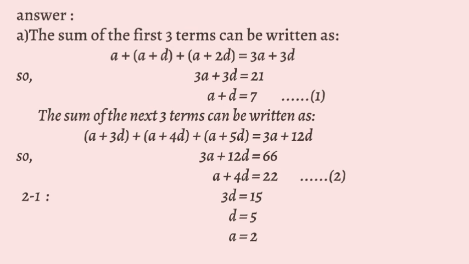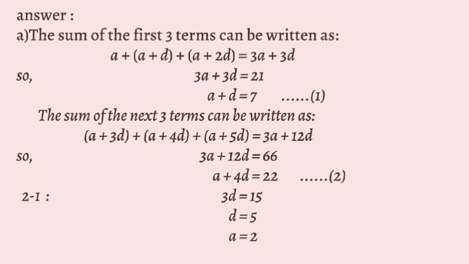The sum of the next three terms can be written as (a plus 3d) plus (a plus 4d) plus (a plus 5d), which equals 3a plus 12d. So we can write 3a plus 12d equals 66. Dividing this equation by 3, we get a plus 4d equals 22. We call a plus 4d equals 22 the second equation.